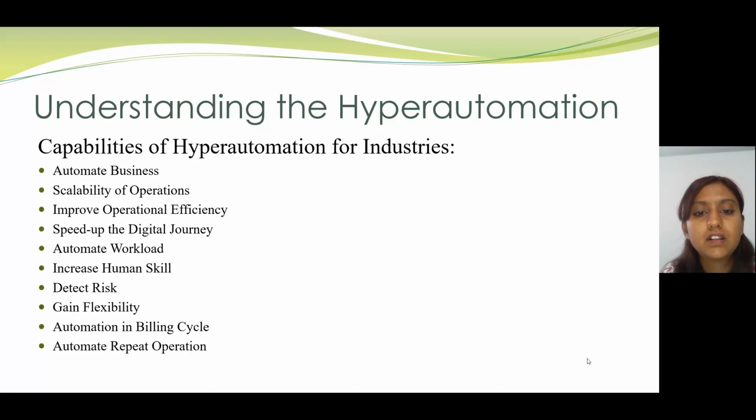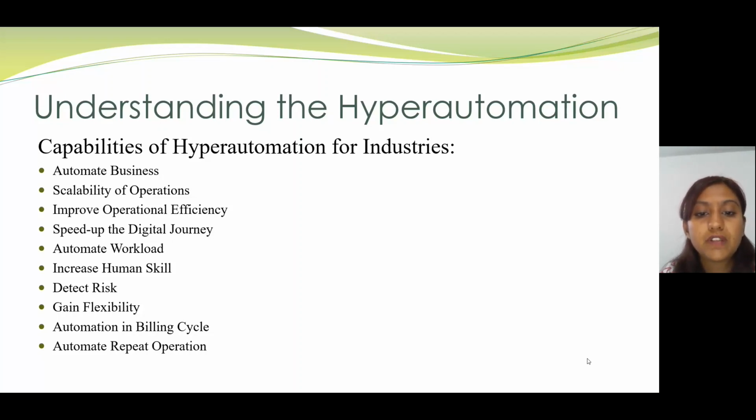And then you gain flexibility. Hyperautomation may rely on just one digital technology, but it may be based on a number of automation technologies, so it is much more flexible to use. And automation in the billing cycle covers client communication and collection, and additionally it may manage the upkeep of patient records.